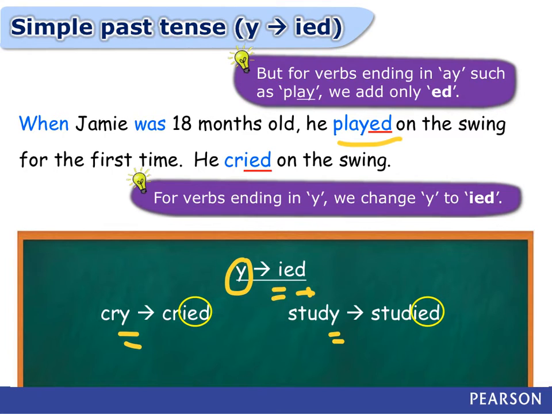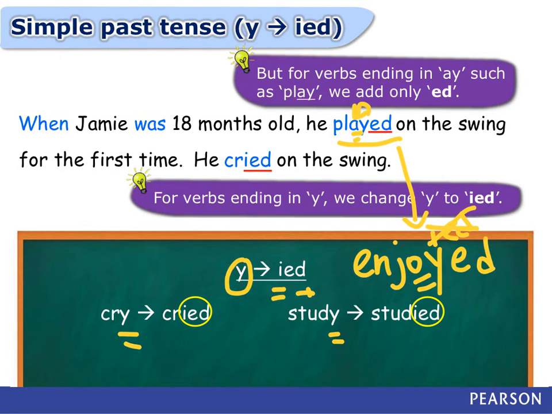The reason is that if before y it is preceded by a vowel, a, then we don't change y to i, we simply add ed. Another example is the verb enjoy, it ends with y, but before y it's o, a vowel. So enjoyed, we don't change y to ied, we just add ed.